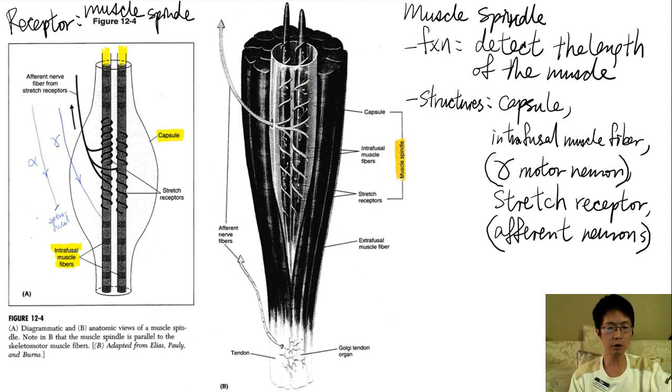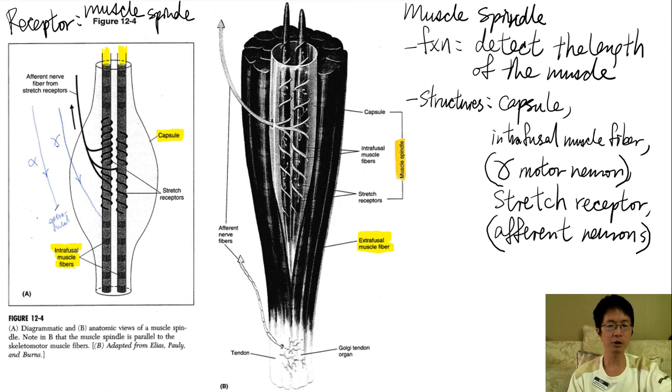So the relationship of this intrafusal muscle with the muscle that you learn in the anatomy: remember, we memorize a lot of muscle in the anatomy. The muscle that we learn in the anatomy, we call extrafusal muscle fiber. Extrafusal muscle fiber is the muscle that we learn in the anatomy.